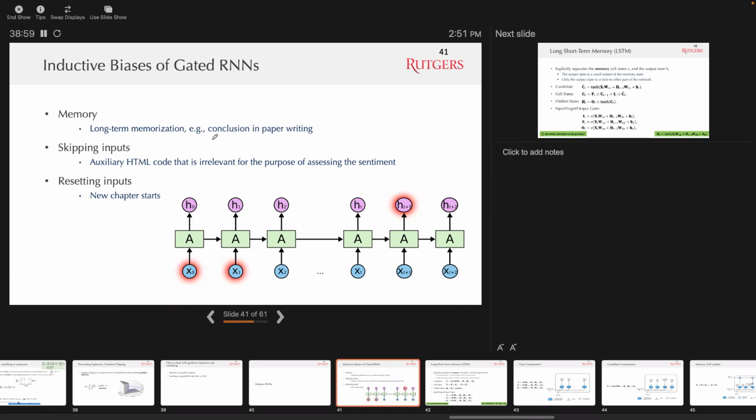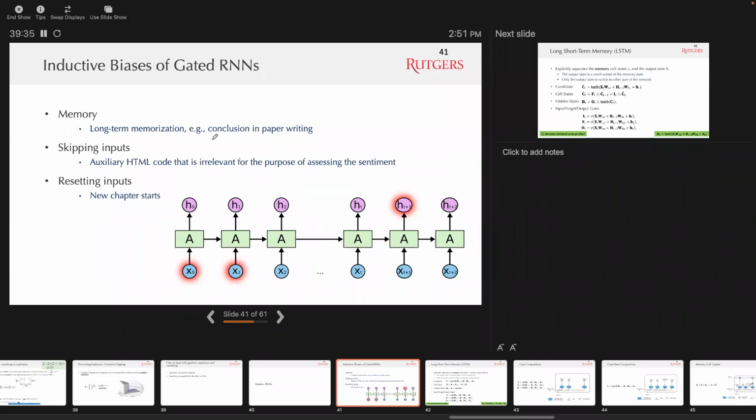If you only have a vanilla RNN, then when you read the paper to the end, maybe you only remember the last section, and you're going to write a conclusion only about the last section of the paper. That's not going to work. To have a better agent for writing conclusions for very long sequences, you will need to handle long-term memory well. So this is memory, one of the inductive biases.